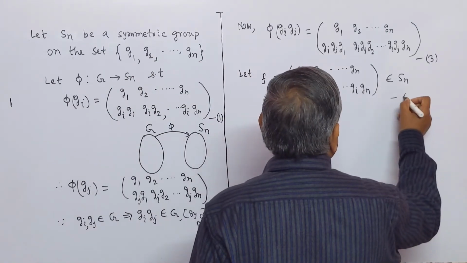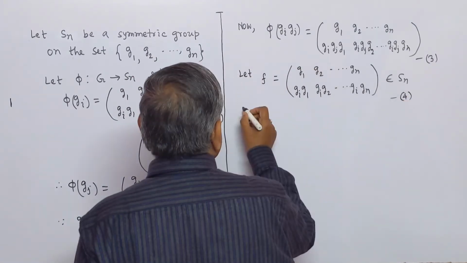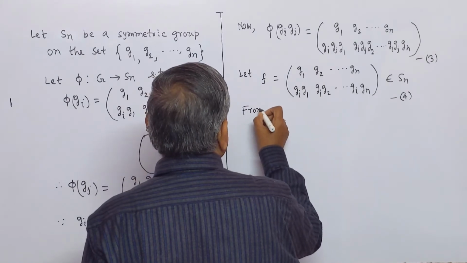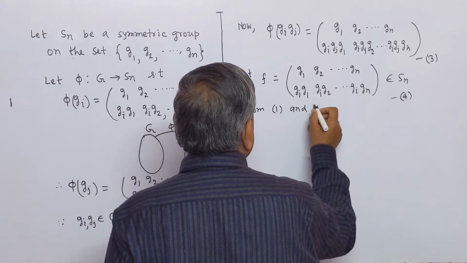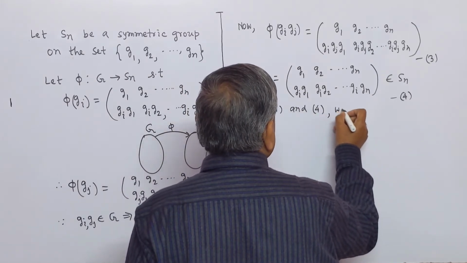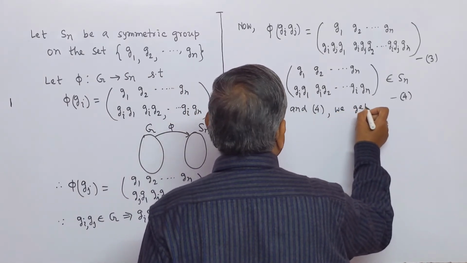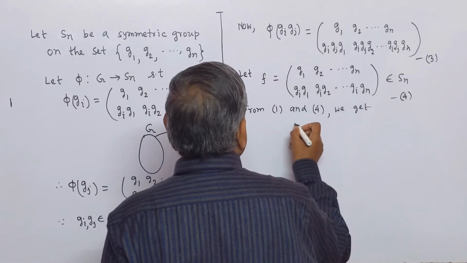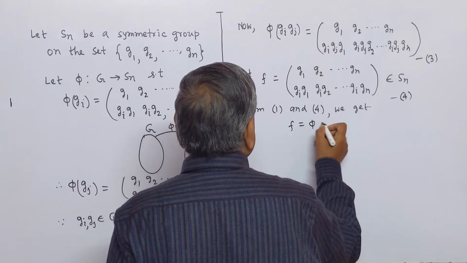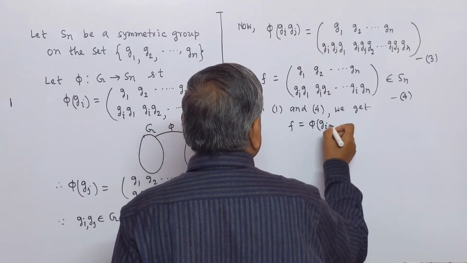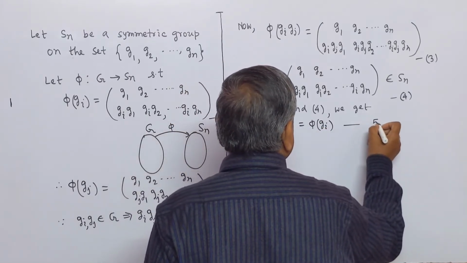This is number 4. From 1 and 4, we get f equal to phi of gi. This is number 5.